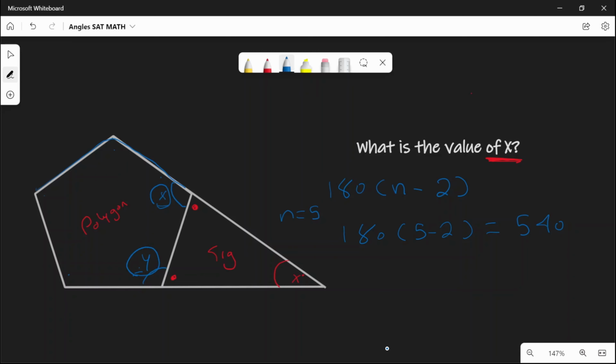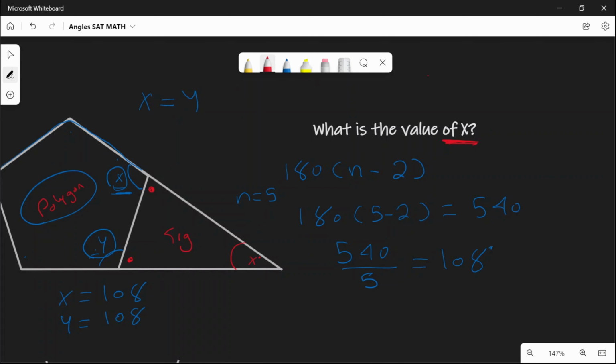In fact, the value of x is equal to the value of y, because every angle on this polygon is equal to any other angle on the same polygon. So we will divide 540 by 5, which is the number of total angles in this polygon. And 540 divided by 5 is equal to 108 degrees. So the value of x is equal to 108 and the value of y is equal to 108.